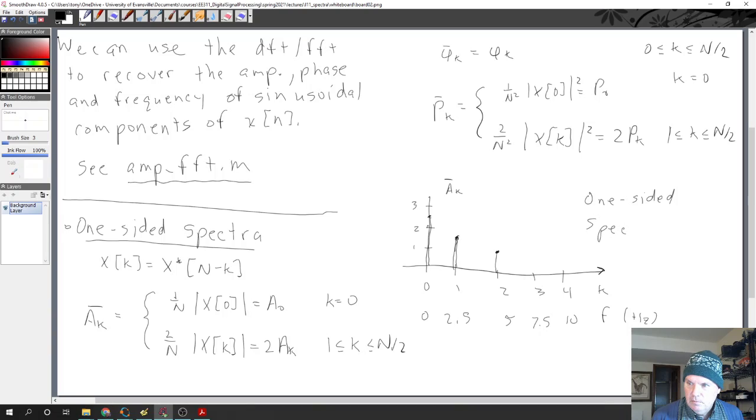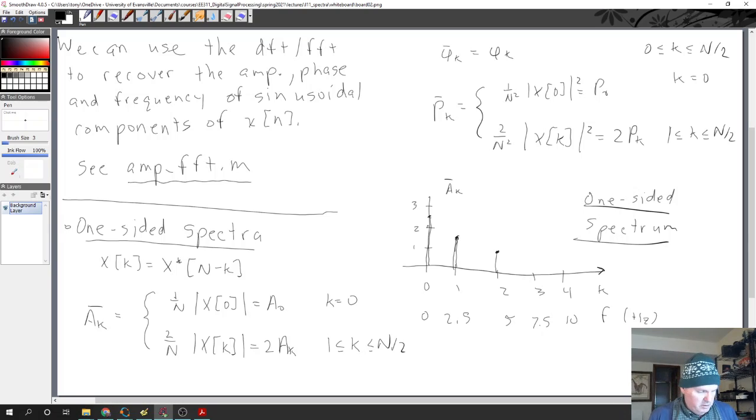I tend to use the two-sided spectra and talk about it a lot more than the one-sided spectra. And the two-sided spectra is a little more general. It even will give you the correct frequency components in the case where x of k is actually a complex signal.